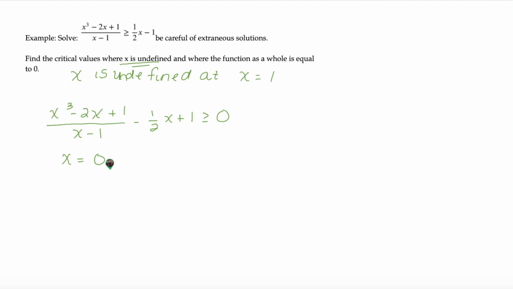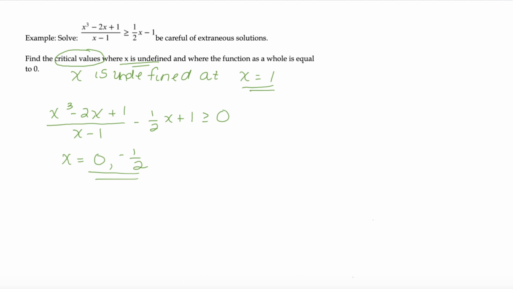And x was also equal to negative 1/2. So we found all of our critical values, where it was undefined, and where the graph as a whole was equal to 0. So we're utilizing the solving piece with the equal sign to help us identify where all of our critical values are.